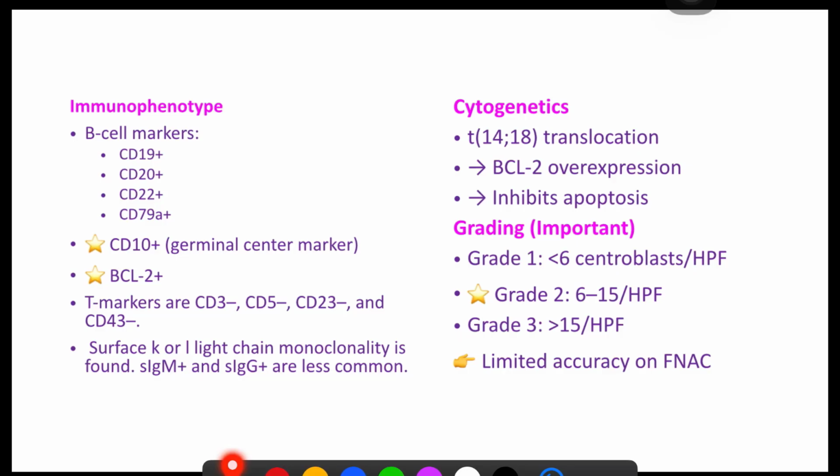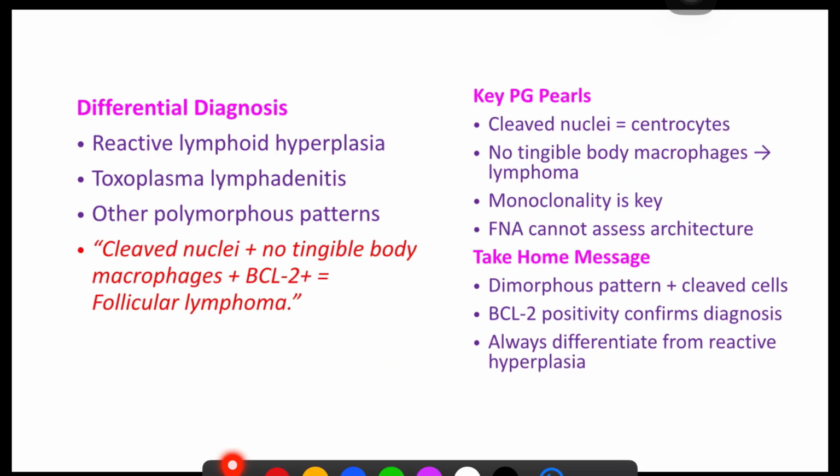Grade 1 is less than 6 centroblasts per high power field, grade 2 is 6 to 15 per high power field, and grade 3 is more than 15 centroblasts per high power field. But there is a limitation of accuracy on FNAC, so always go for histopathological correlation. Whenever we find cleaved nuclei, centrocytes and no tingible body macrophages, think of lymphoma.